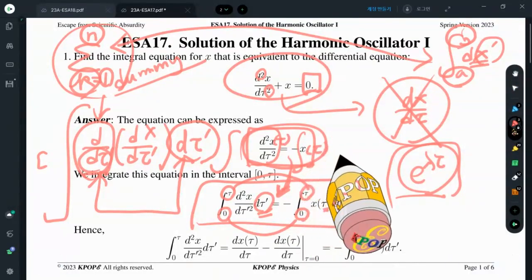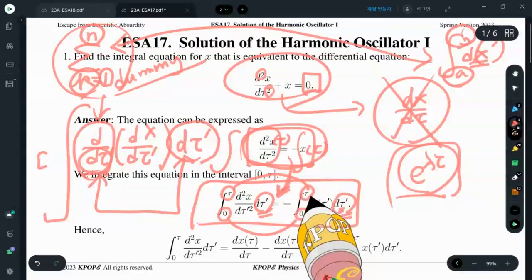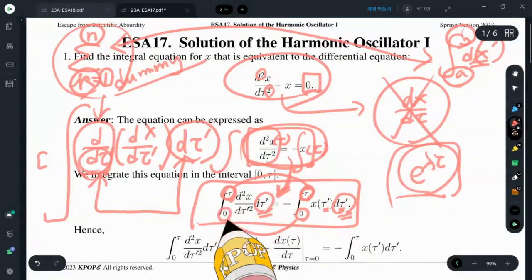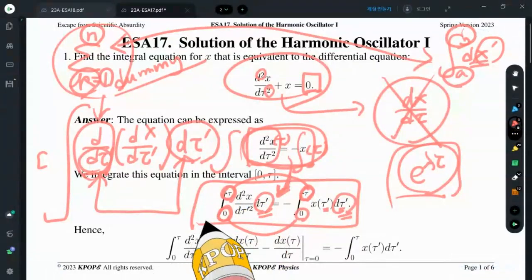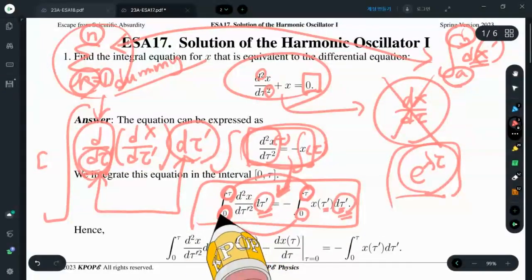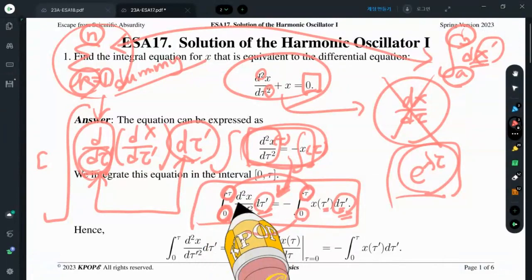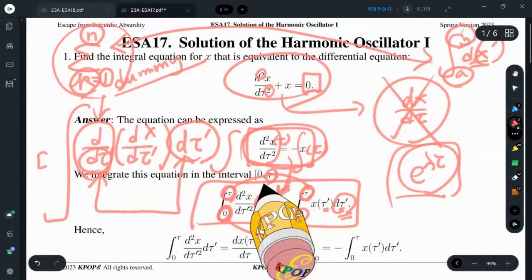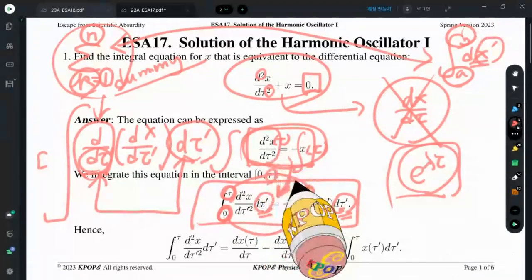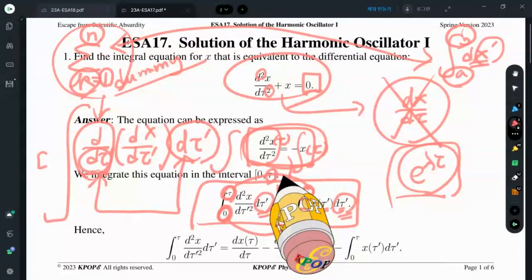Only the tau dependence appears in either the lower limit or upper limit. But for simplicity, I fixed the lower limit 0 and the upper limit of the usual variable of scaleless time, that is tau.